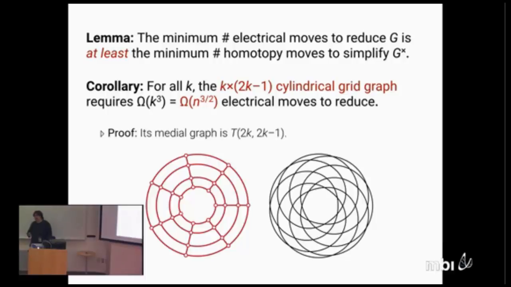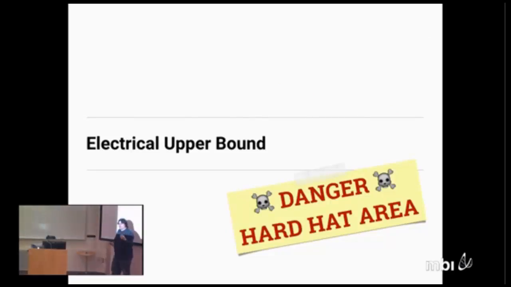Okay, so that's the lower bound side. In the last few minutes of the talk, I do want to say a few words about the upper bound for electrical moves. The algorithm here is a bit more complicated, and it's work in progress. So this may yet be simplified, or we may find more bugs than we found already.